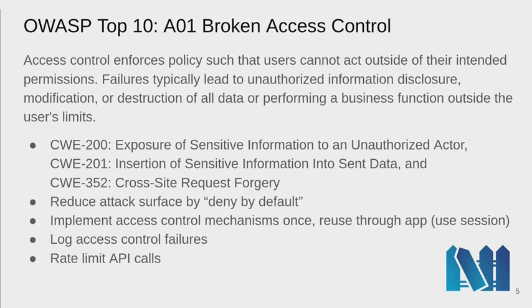There's a bunch of CWEs that are grouped under this issue: CWE-200, exposure of sensitive information, CWE-201, insertion of sensitive information, and CWE-352, cross-site request forgery, which we'll talk about in a bit. A good response to this attack vector is to just reduce the attack surface.